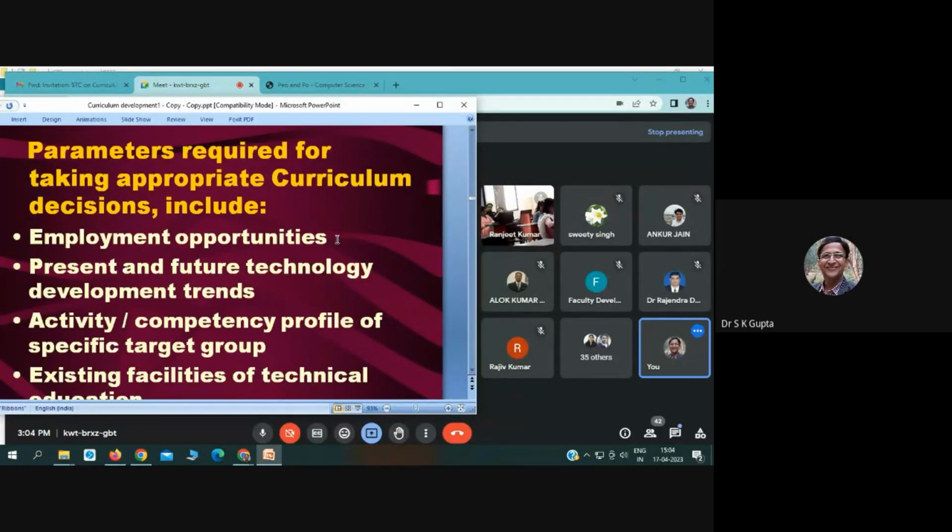Means whether for the program the employment will be available only for 3-4 years, or it will be available for the long range, for 15, 20, 30 years. So we have to think about those programs which have long range manpower requirements.